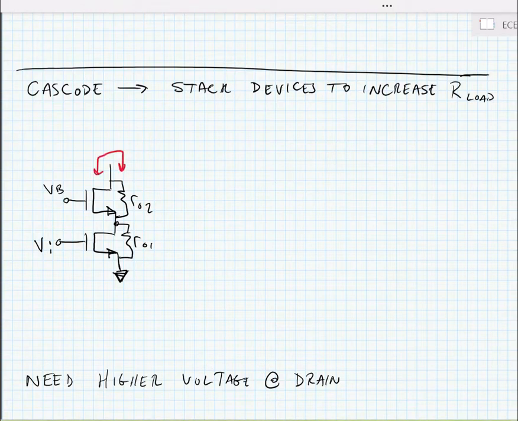Now, one more thing that I want to mention is that we can use what's called a Cascode amplifier, and this is where we stack a common gate amplifier on top of a common source amplifier.